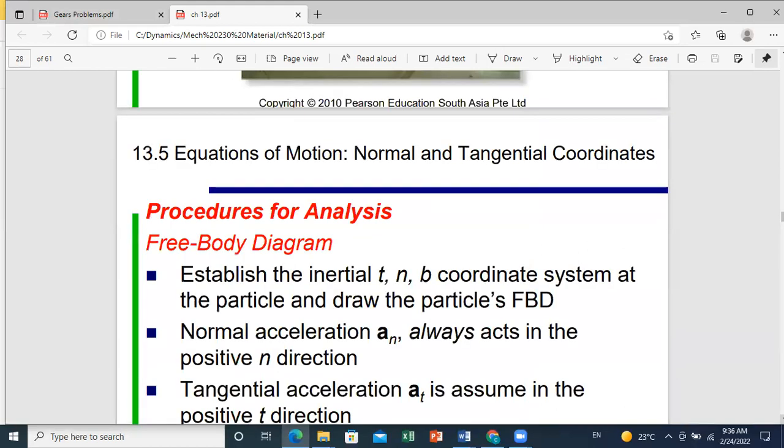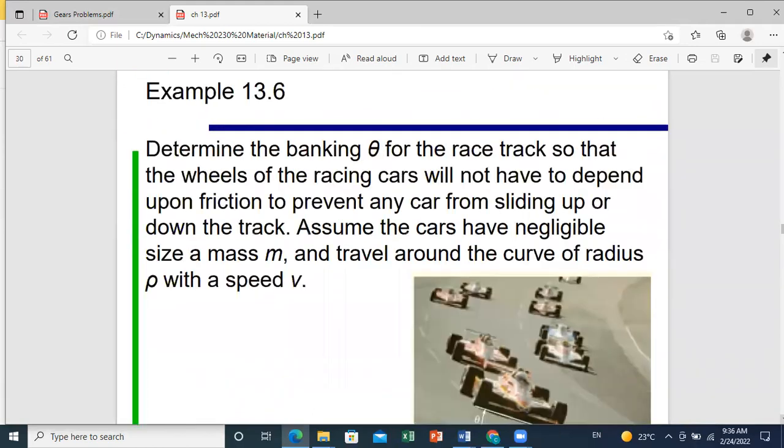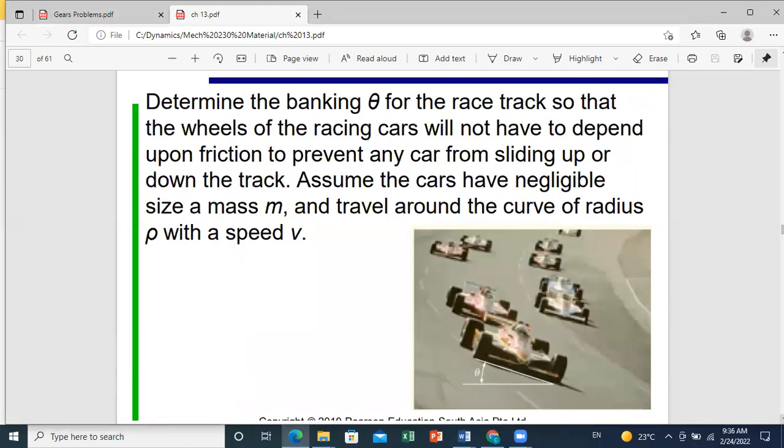Now, let us do together some problems to practice on how to use UN UT. And we'll see together that in general, UN UT is one of the most helpful frames, because in this frame, we have the advantage of knowing AN. And AN is V squared over rho.